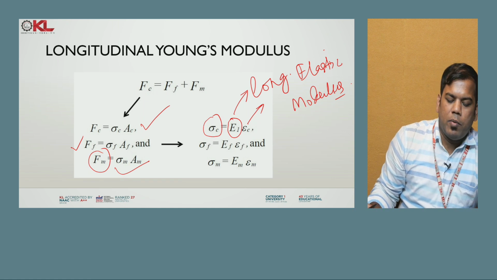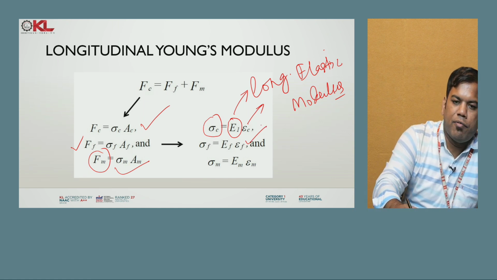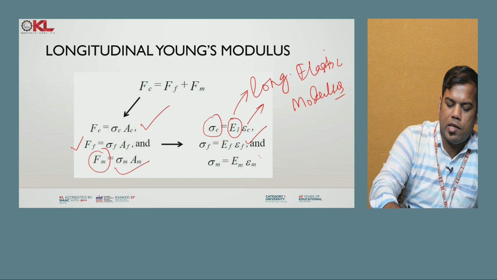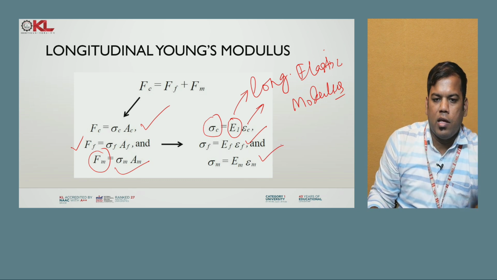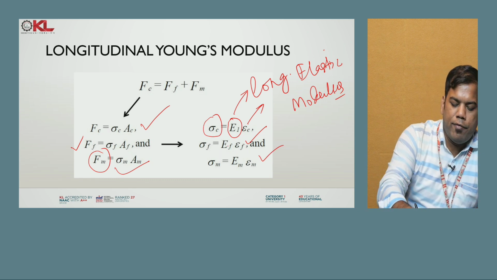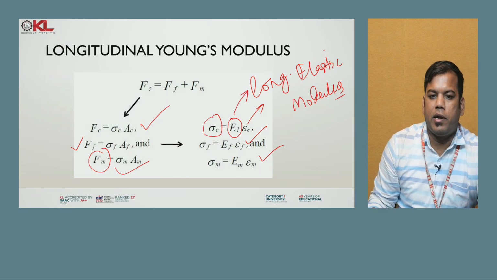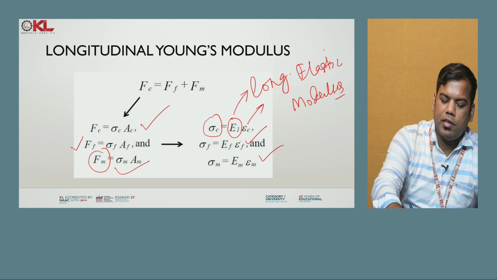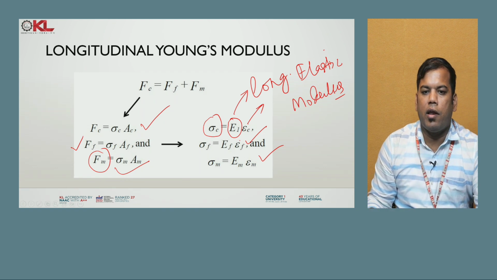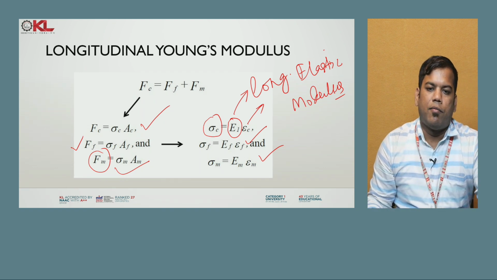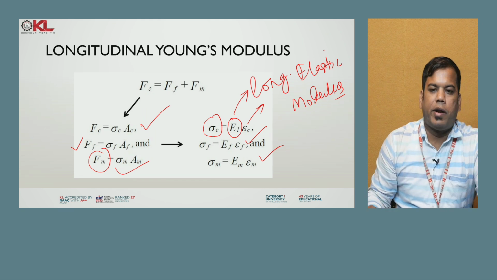Similarly, sigma f will be Ef epsilon f, and sigma m will be Em epsilon m. Ef and Em are the elastic moduli of the fiber and matrix respectively, and epsilon f and epsilon m are the strains for the fiber and matrix respectively.